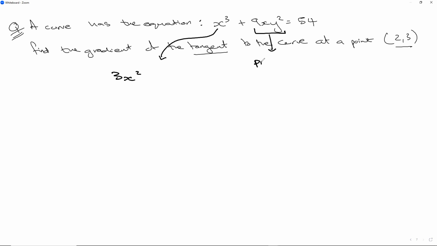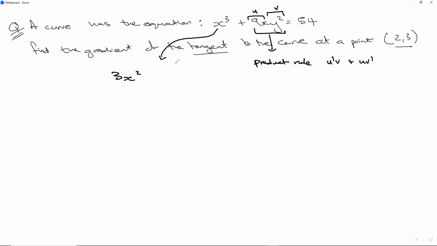So I know for this part here, I've got to use the product rule. When I do the product rule for this, I treat 9x as a function u, and I treat y squared as function v. And I know I've got to get something like u dash v plus u v dash.